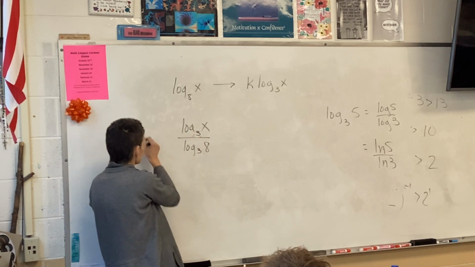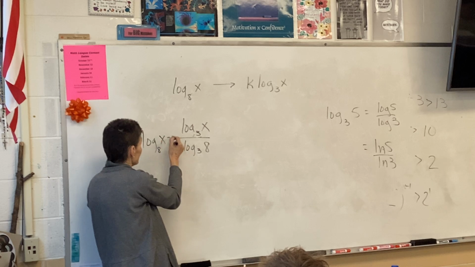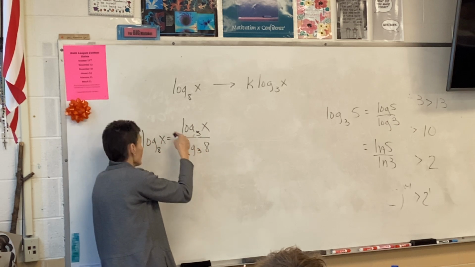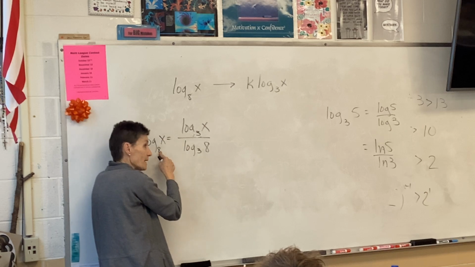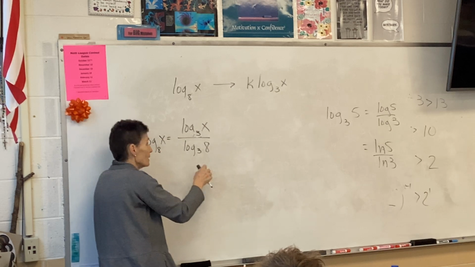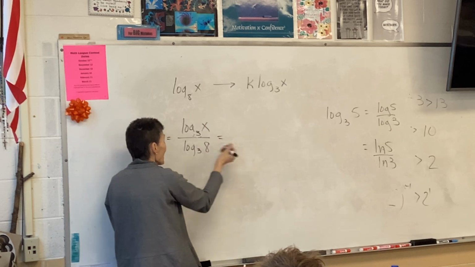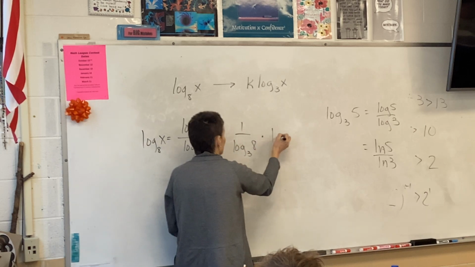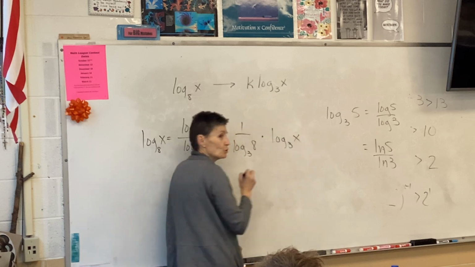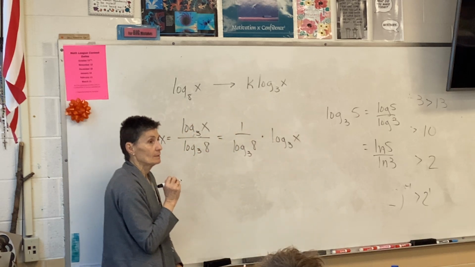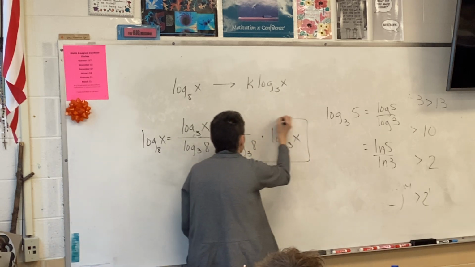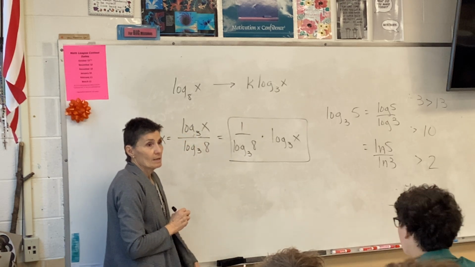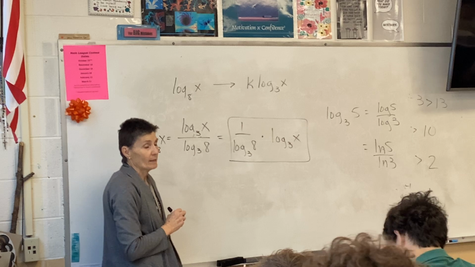So log base 8 of x is log x over log 8, any base you want. And another way of writing that is like this. Would you agree with that? So there's your answer. That's all there is to it.